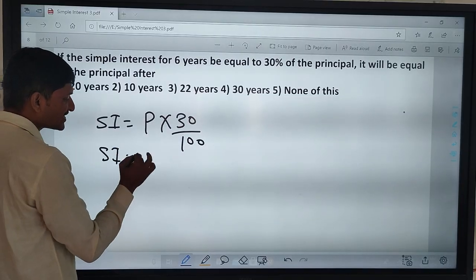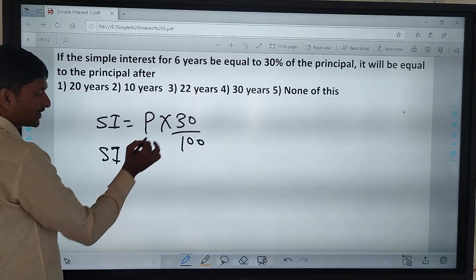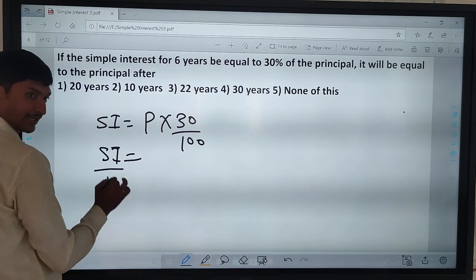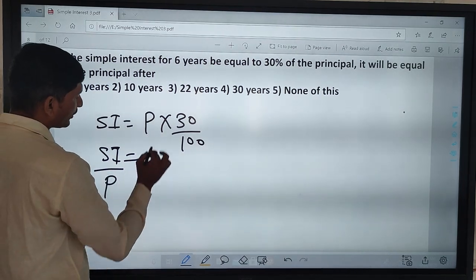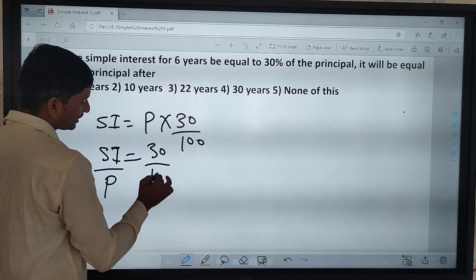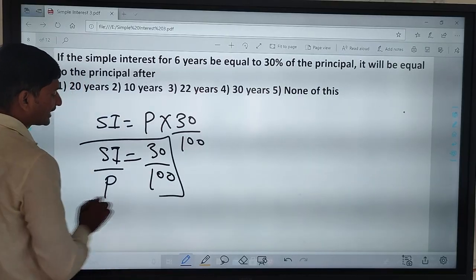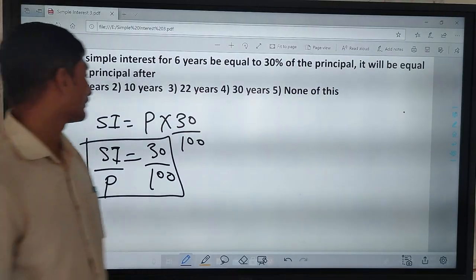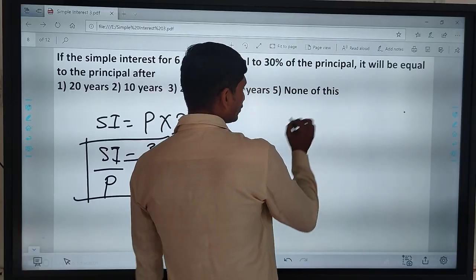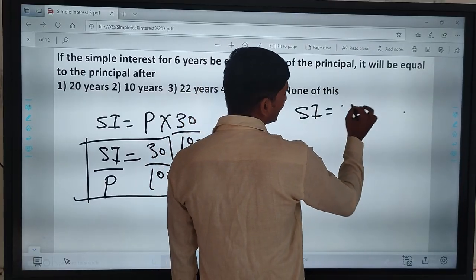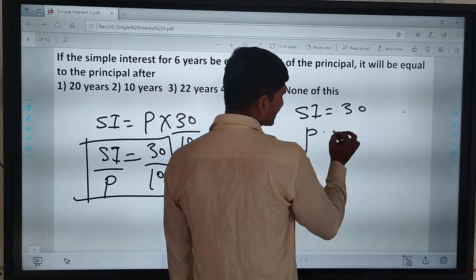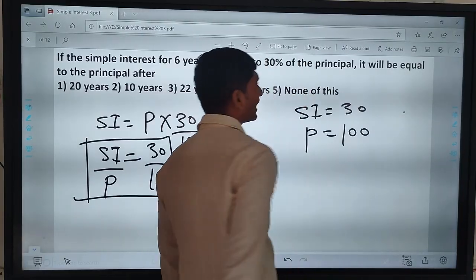Then SI upon P is equal to 30 divided by 100. So the simple interest is 30 and the principal is 100.